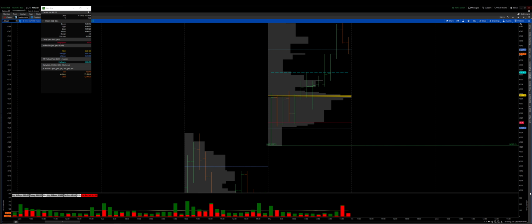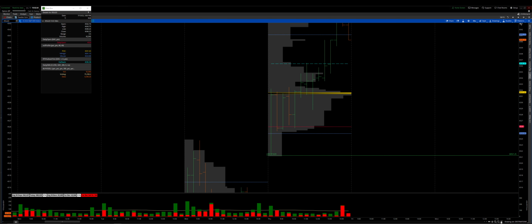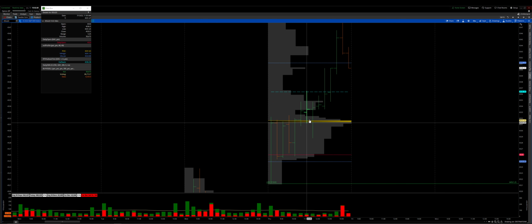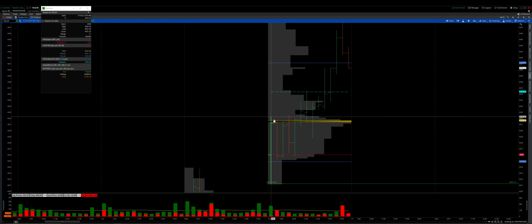And then today we attempted to have a wide point of control, and you can see here we had multiple time frames that passed back and forth between this 45.31.50 level. Multiple time frames we pushed back and forth through it, creating a relatively wide point of control. It was 8 wide.